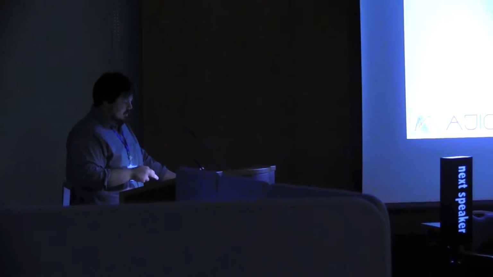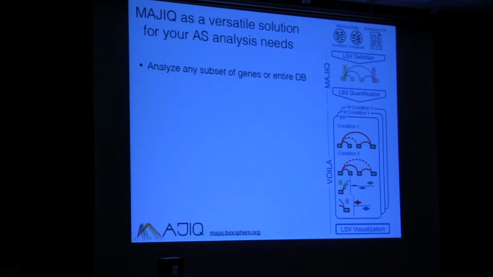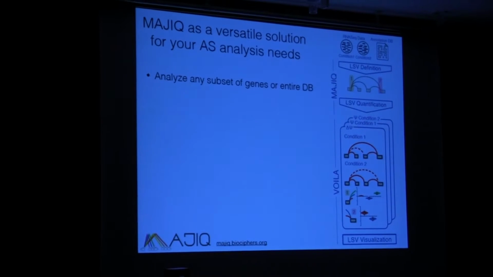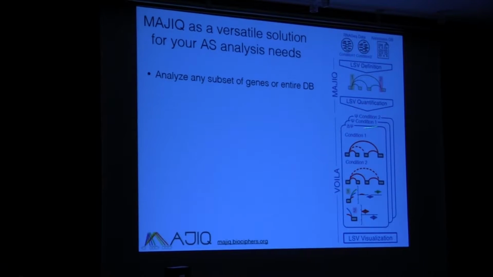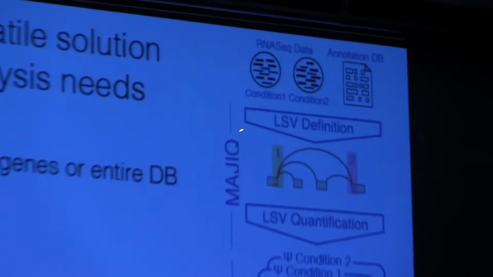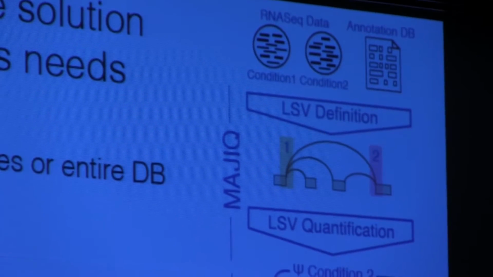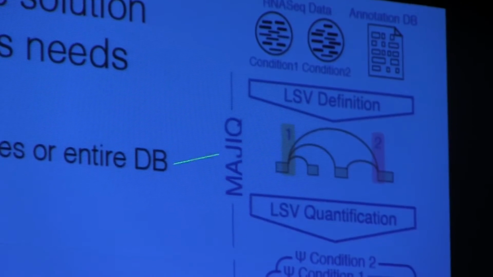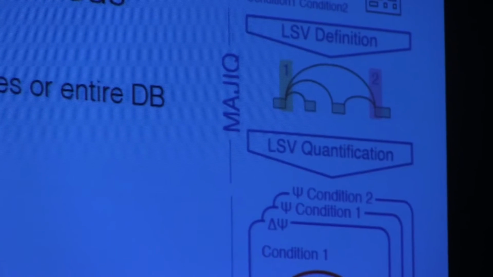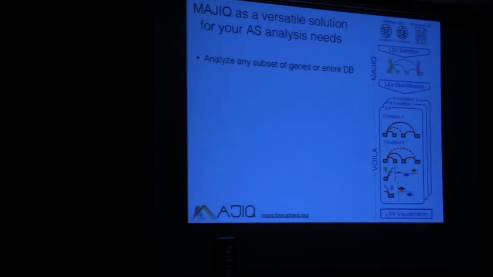So we really want MAJIQ to be usable for a lot of different experimental needs and contexts. All you have to feed MAJIQ is sorted, indexed BAM files mapped by your favorite aligner, and an annotation database of genes, and we'll define the LSVs, detect de novo junctions, etc. To speed things up, if you only care about a subset of genes for your disease or condition, just feed us a smaller database and it'll go much quicker.